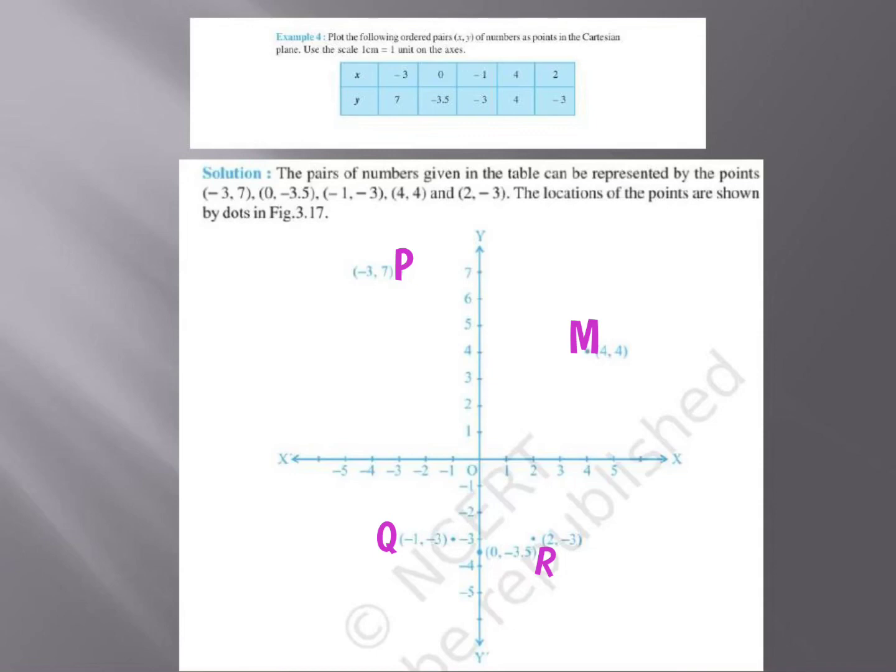For the last point, x coordinate is 2 and y coordinate is -3. So you have to draw a straight line from 2 on the x-axis towards -3 on the y-axis, that is towards the OY dash direction, and from -3 on the y-axis towards 2 on the x-axis, and you can see that they both are intersecting each other at point S. So the coordinates of point S are (2, -3).